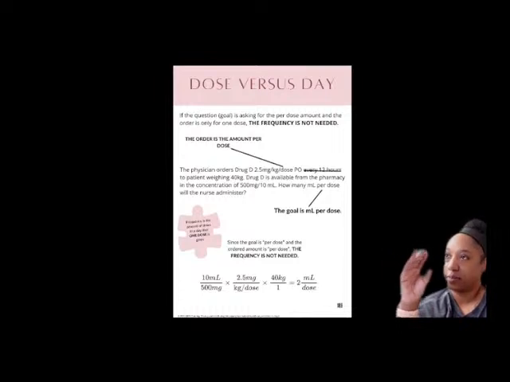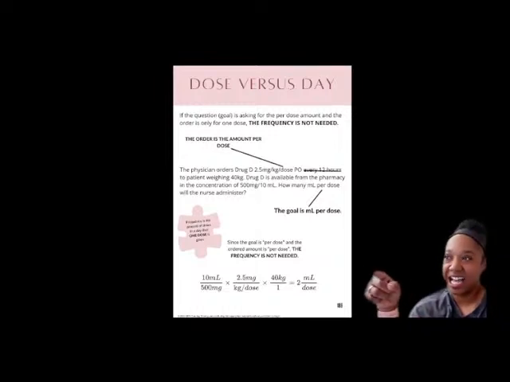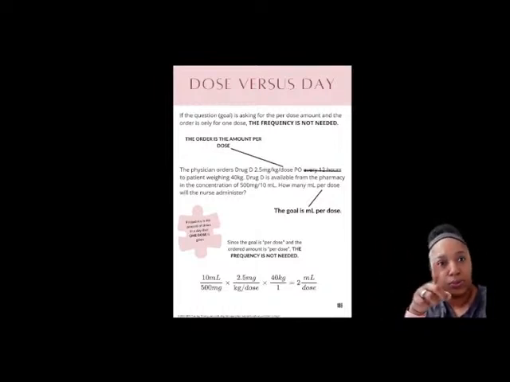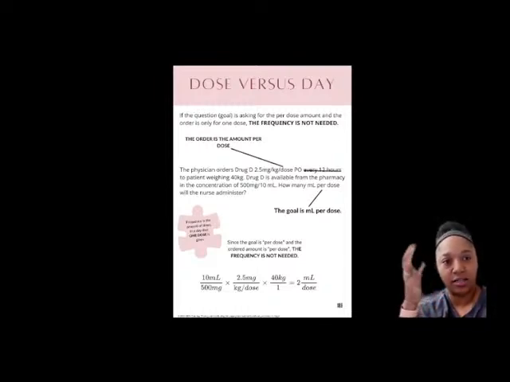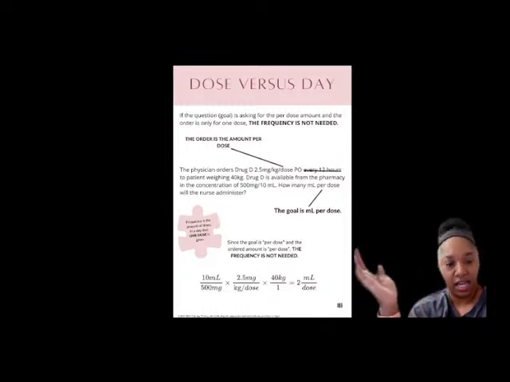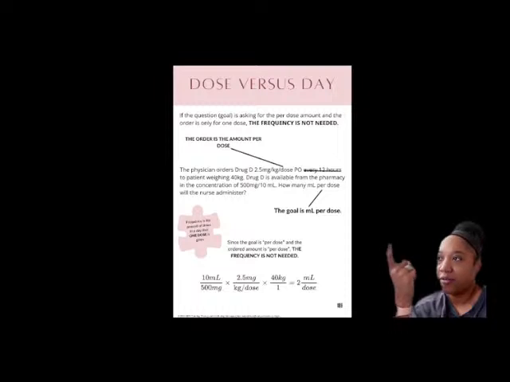All right. It's asking for the per dose amount, and the order is only for one dose. The frequency is not needed. So you see how you have that line going through and it's crossing out your frequency. And remember, we said your frequency is identified by having every and the hours follow behind it. So you don't need to know how many doses are in the day if your order already has the amount per dose.